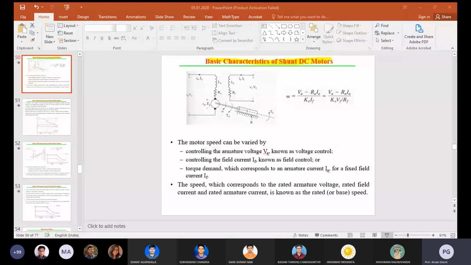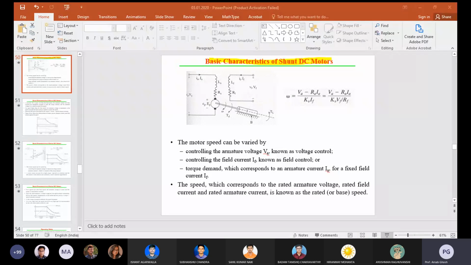For regenerative braking, that EG value is more than VA. How is it possible? If you make the motor speed more than your rated speed, by coupling that motor with another motor, then the combined speed will be very high, and your EG value will be more than the rated value.